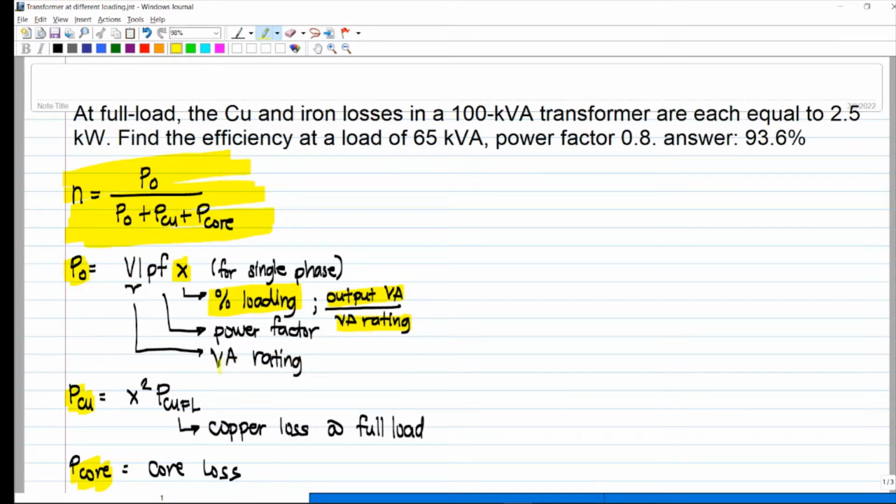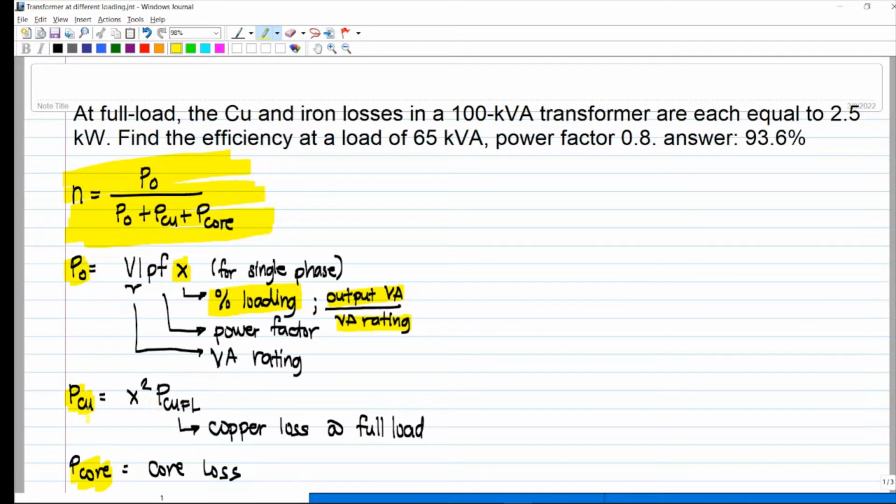And next, kadalasan itong VI natin, siya na mismo ang volt ampere rating. So, kadalasan binibigay iyan. Next, para naman sa copper loss, that is X square times the copper loss at full load or the full load copper loss. So, pag hindi binanggit yung full load copper loss, baka hahanapin natin siya.